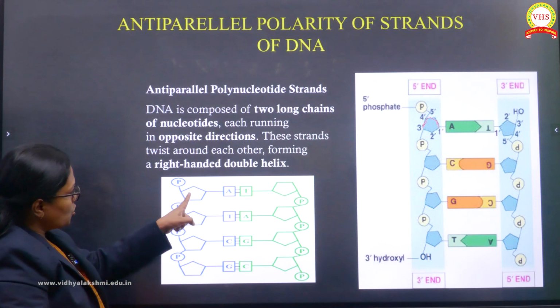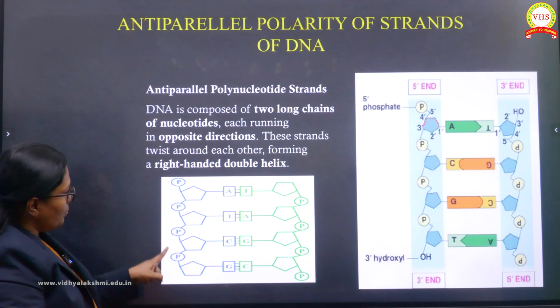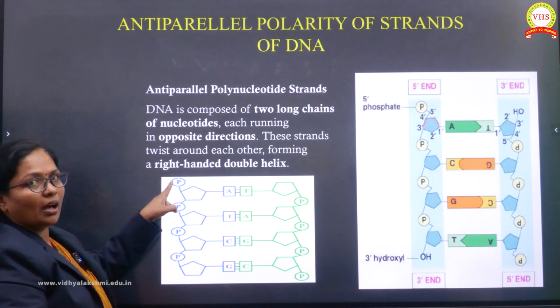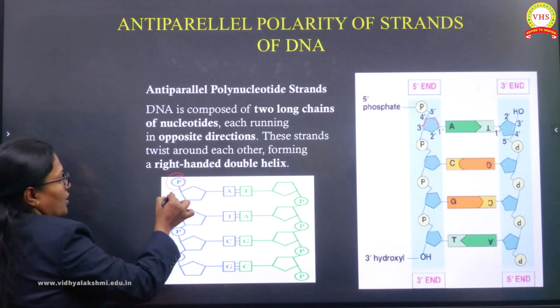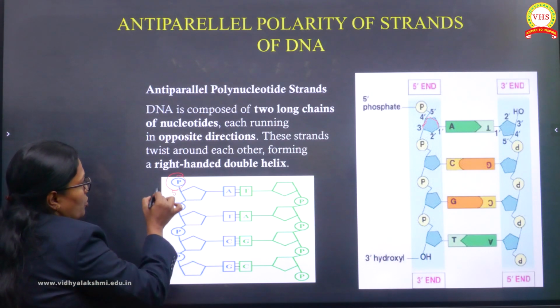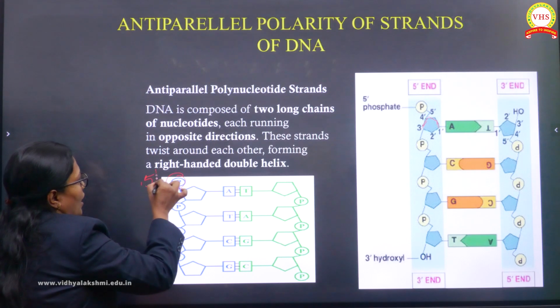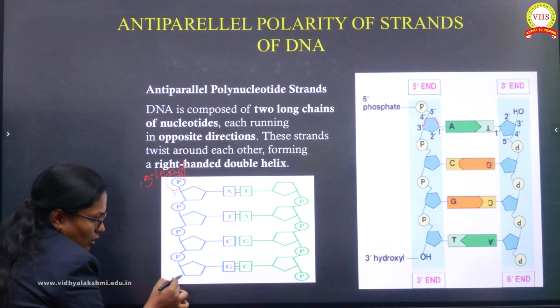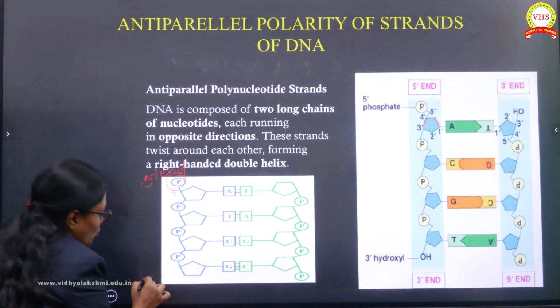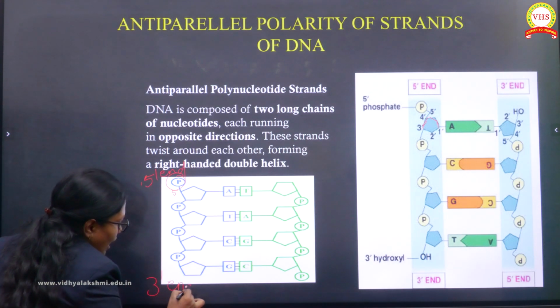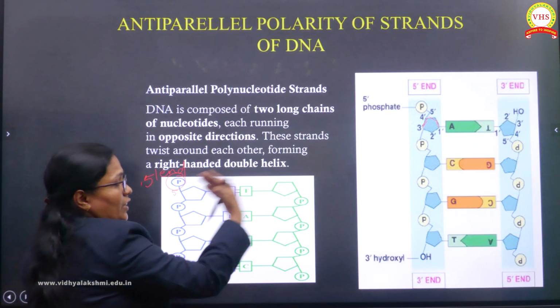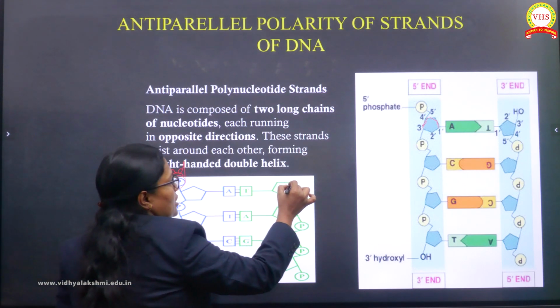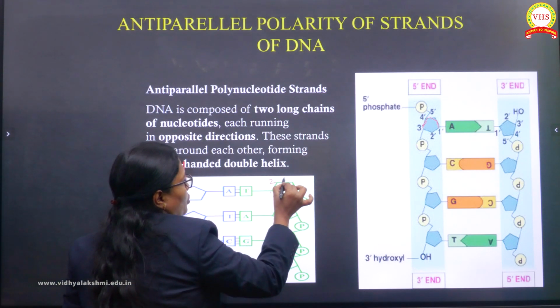Now look here, the sugars are all upright, and the phosphate group for the fifth carbon will be up here. This is the fifth carbon, and so you say this one is the 5 prime end, whereas this end of the sugar you call the 3 prime end. When you look at the other strand, this is the third carbon: 1, 2, 3.